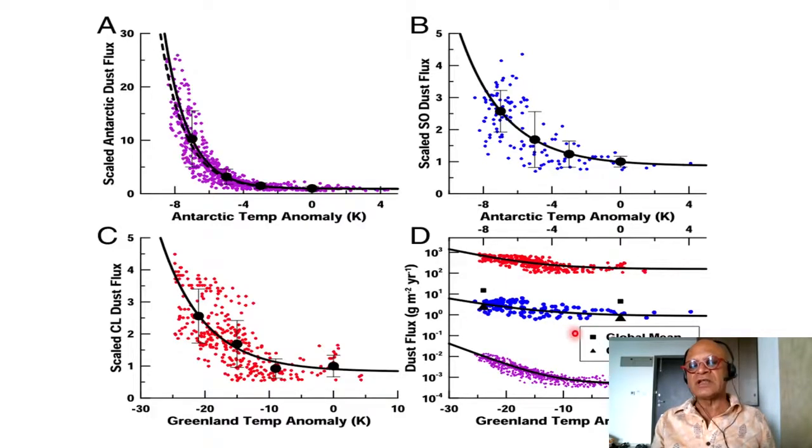You can see the global means here, and these are the various dust fluxes and Greenland temperature anomalies. These are the same curves we are looking at here. The scales are different, so that's why they look different: this scale is up to 30, up to 5, up to 5, and this is up to 1,000 in grams per meter squared per year.